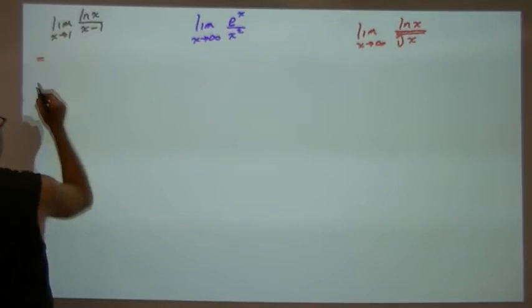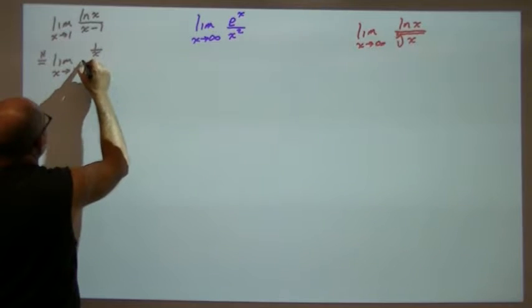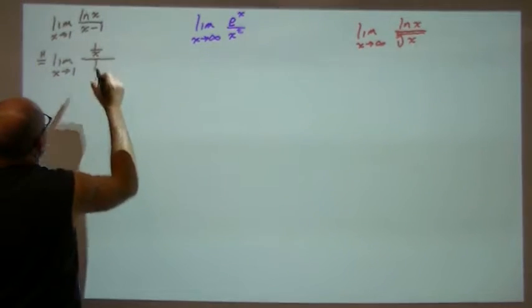Oh no, it's in red, how embarrassing. Okay, so, take the derivative of the top and the bottom, and the derivative of natural log x is 1 over x, and the derivative of x minus 1 is just going to be 1. So now I have the limit as x approaches 1 of 1 over x, which is clearly 1. Piece of cake.